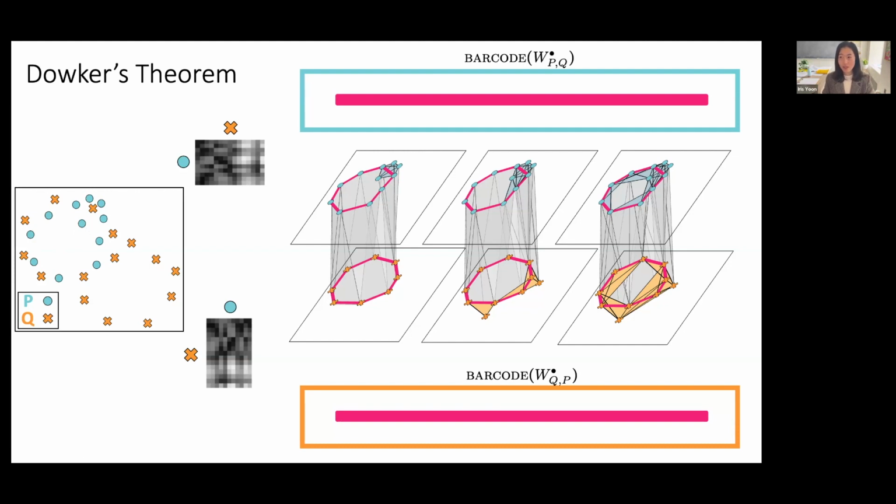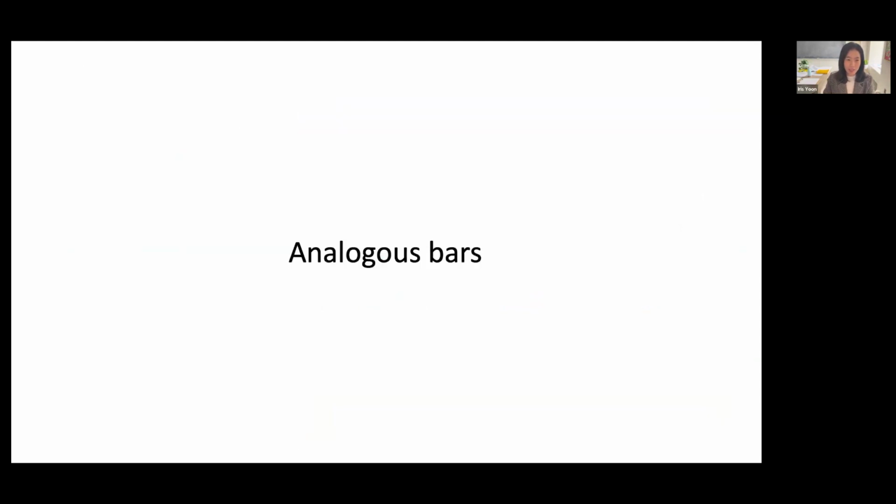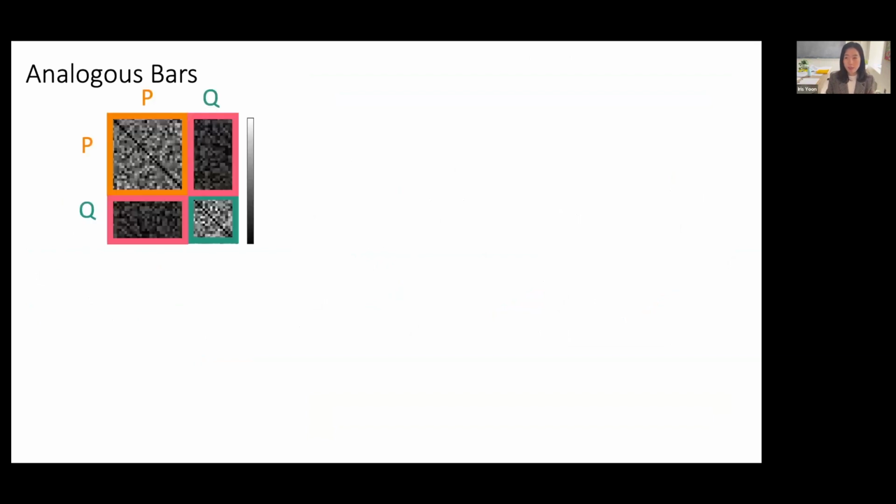So how do we actually use this witness barcode and Dowker duality? The method that we propose, we call the method of analogous bars. Our input is given as follows. We have 2 point clouds, P and Q. They don't have to be embedded in the same space.